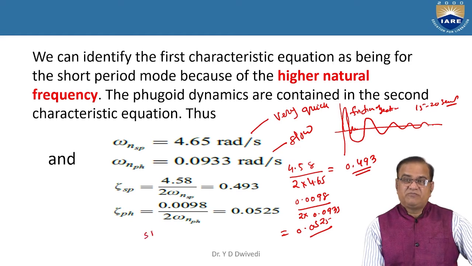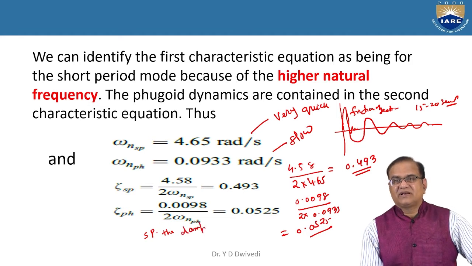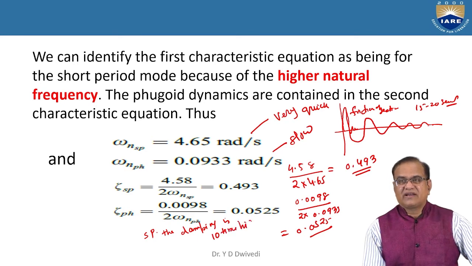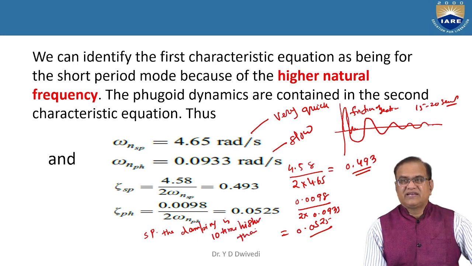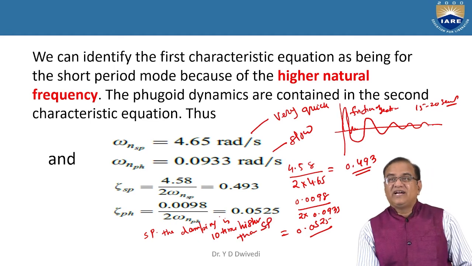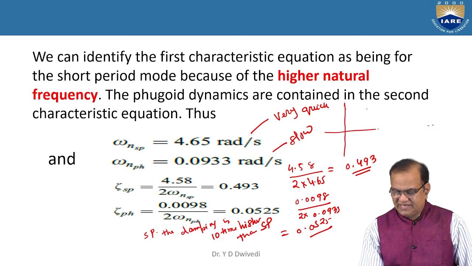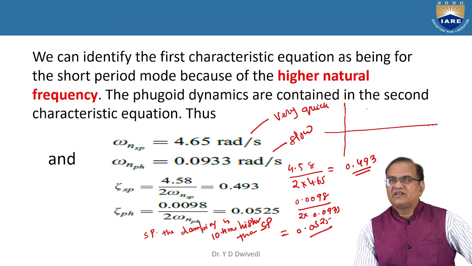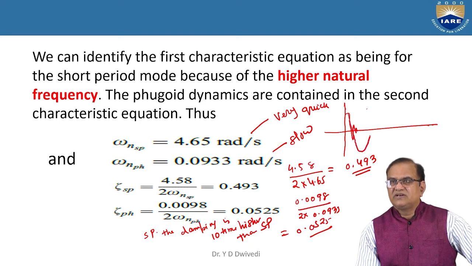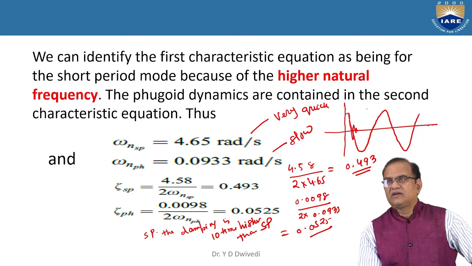In the short period, the damping is 10 times higher than the phugoid. So that is why if I draw like this and it is disturbed from here, it goes like this, but in this case it goes like this.